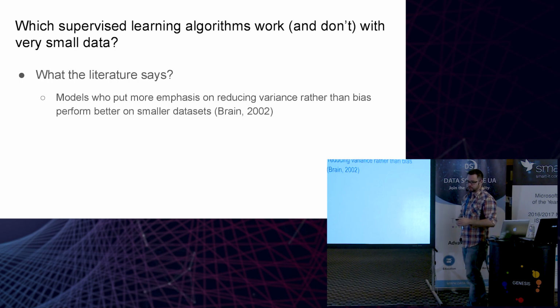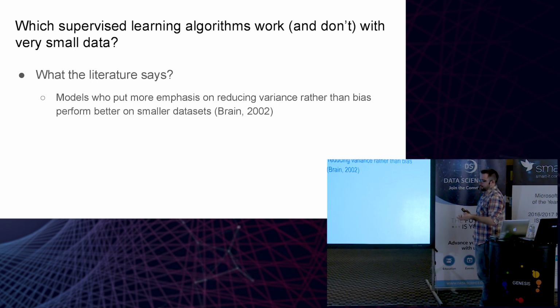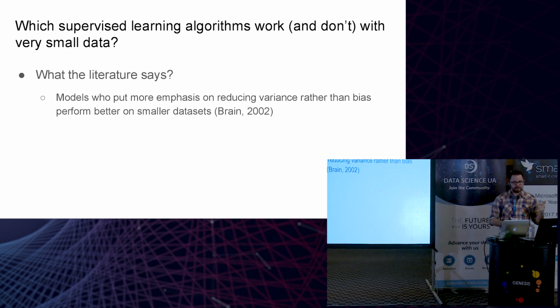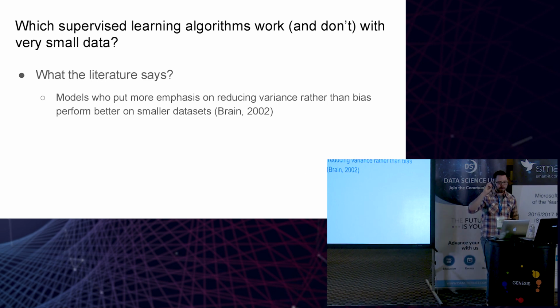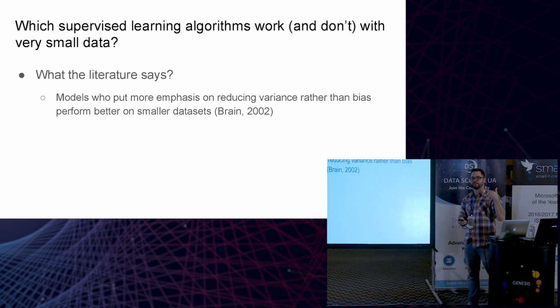OK, so in terms of supervised learning algorithms, literature says models that put more emphasis on reducing variance than bias perform better on small data sets. And the opposite is true also. If you have a big data set, you should be putting more focus on managing bias rather than variance.